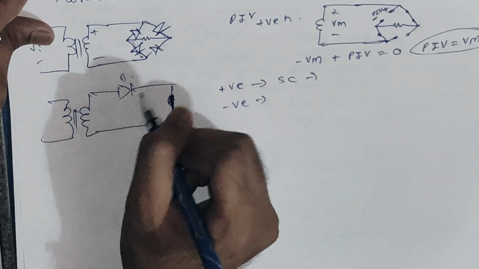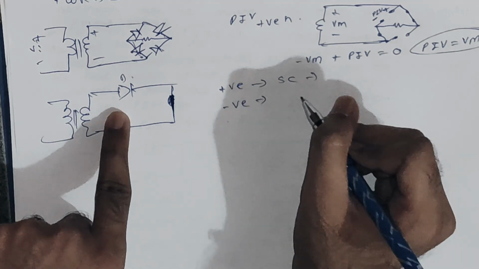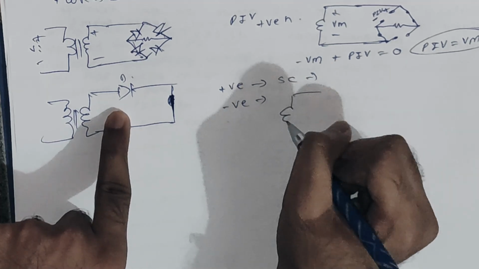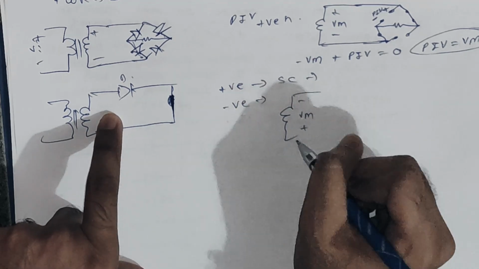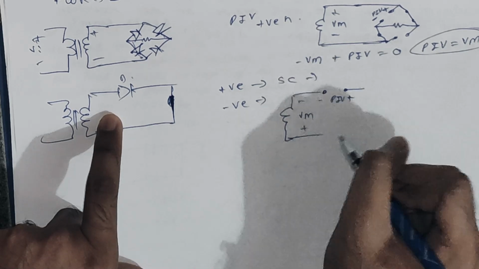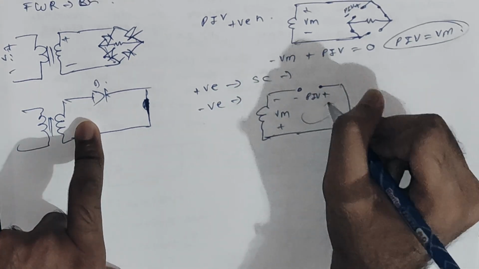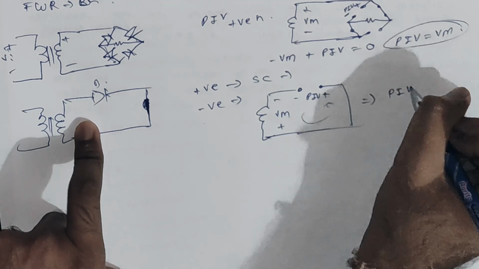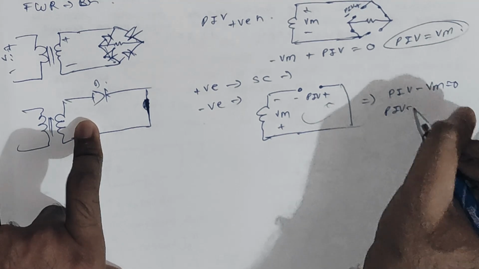In the negative half cycle you can clearly say that this diode will be in reverse bias. So here we can find out the PIV. At this condition here we will get minus plus Vm, as we are considering the negative half cycle, and here it will be simply minus plus PIV. If we apply KVL like this we will get plus PIV minus Vm is equal to 0. So PIV is equal to Vm.